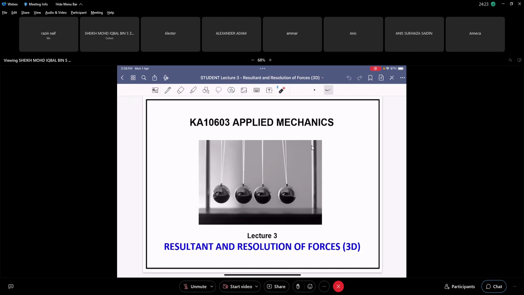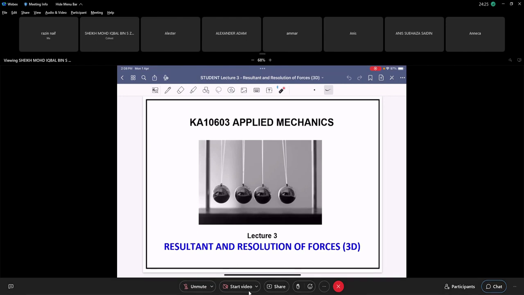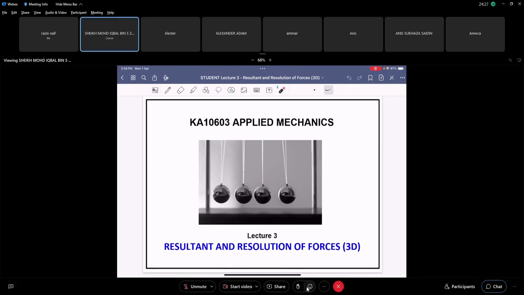Now for today, we are going to learn about the resultant and resolution of forces, but this time in 3 dimensions. Previously it was 2 dimensions, in the X and Y plane only.